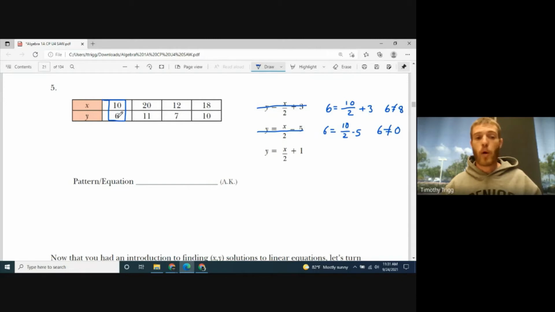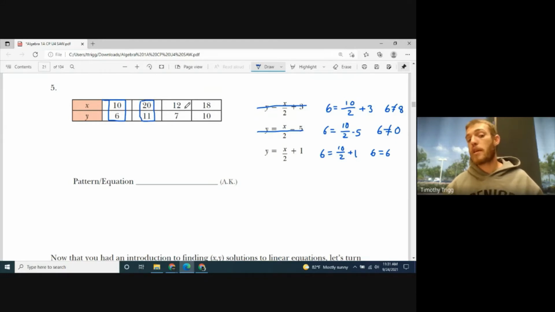So I'm going to replace the y with 6 and replace the x with 10. So that's 10 over 2 plus 1. So that'll give us 6 equals 10 divided by 2 is 5. 5 plus 1 is 6. Okay, that's good. So this first point will be a solution for this equation. Let's go ahead and check at least one more other point. So we're going to check this one.